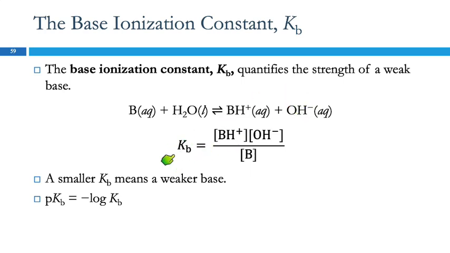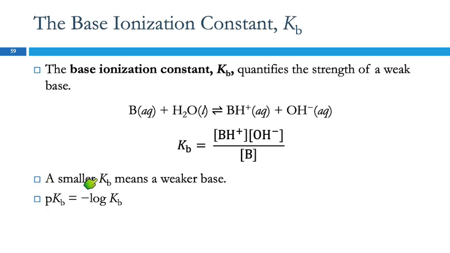So here the equilibrium constant expression would be the concentration of the conjugate acid times the concentration of hydroxide divided by the concentration of the base. Water, being a liquid, does not come into these calculations.